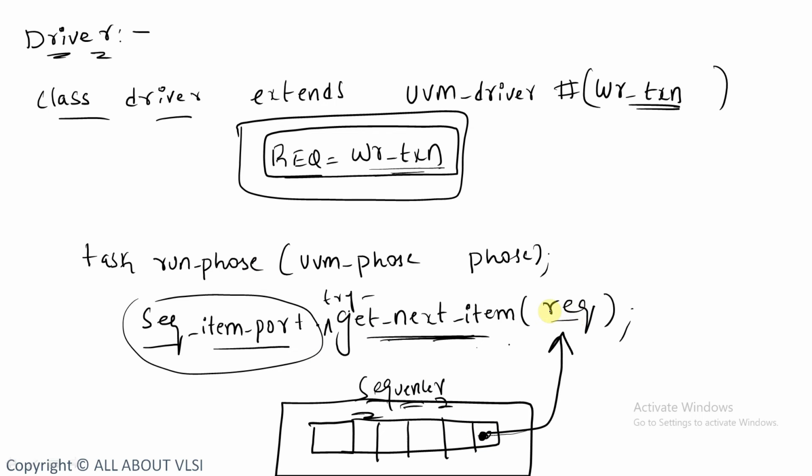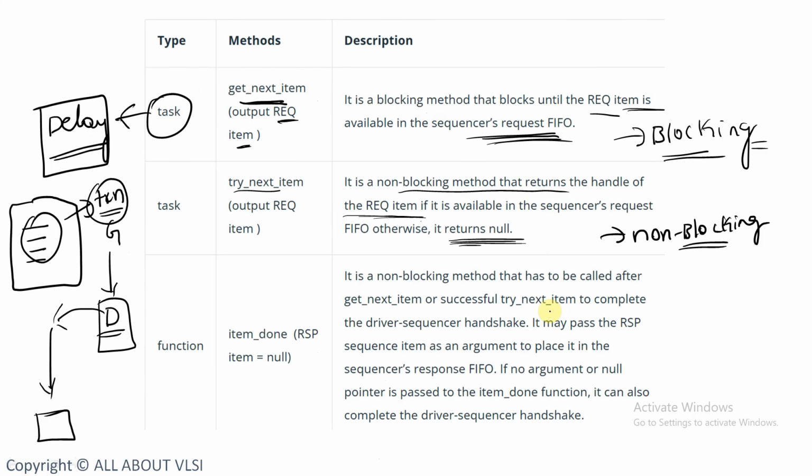That is what is happening. When we discuss sequence items in our next session, you will get a clear idea. For now, understand how the driver retrieves the sequence items, or transaction objects, from the sequencer.